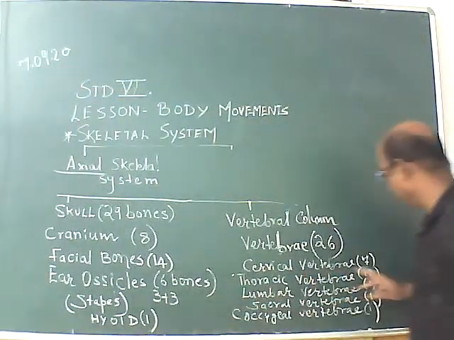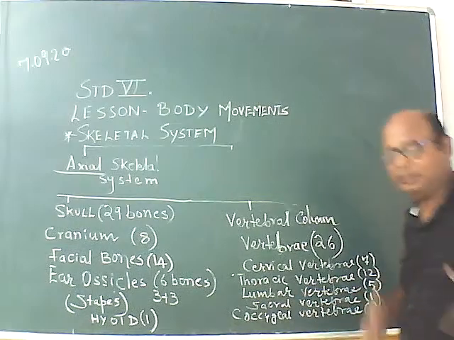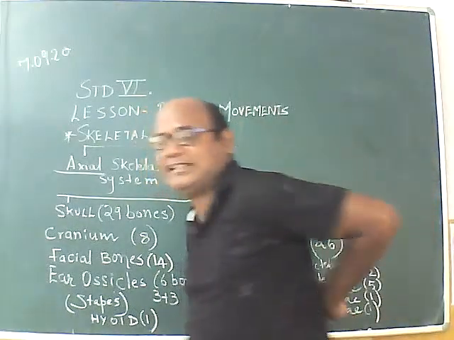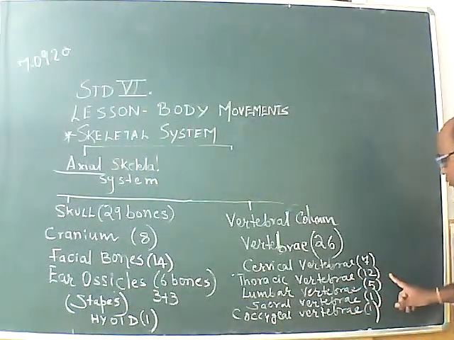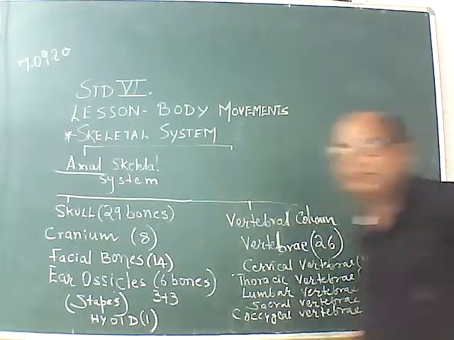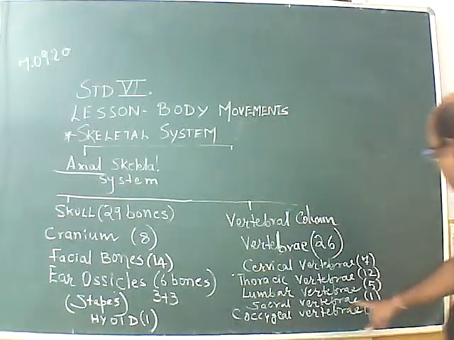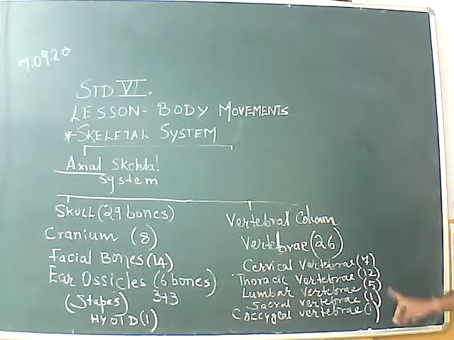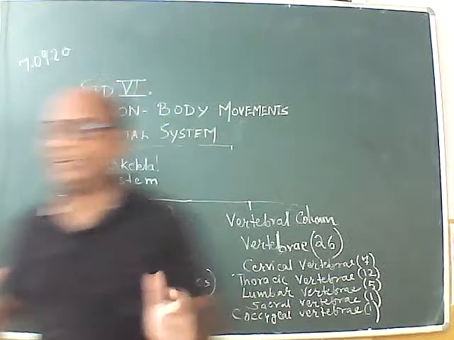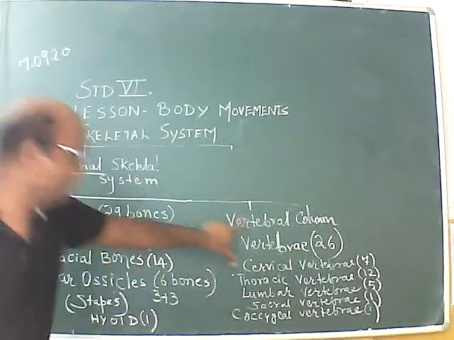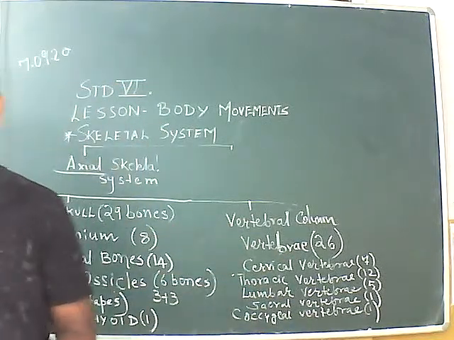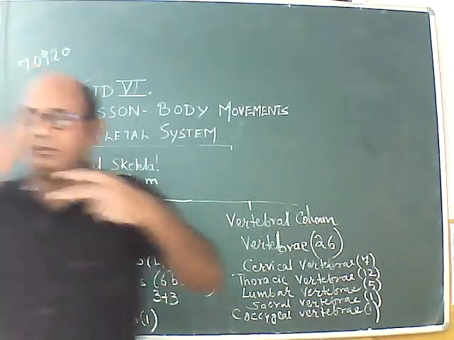Cervical vertebrae 7, then below in this region thoracic vertebrae 12, then lumbar region 5 vertebrae, then sacral 1 and coccygeal 1. So how many vertebrae are there? 26 vertebrae. Okay, then what is left?